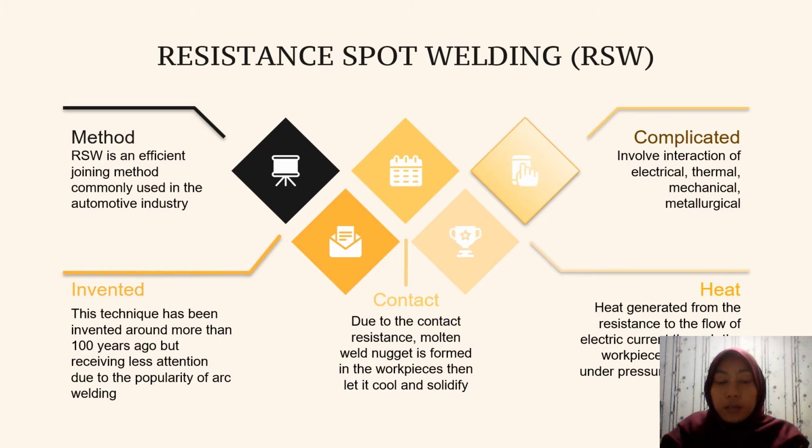The process of resistance spot welding joins one or more points by heat generated from the resistance to the flow of electric current through the workpieces. It is also joined under pressure by a pair of electrodes.